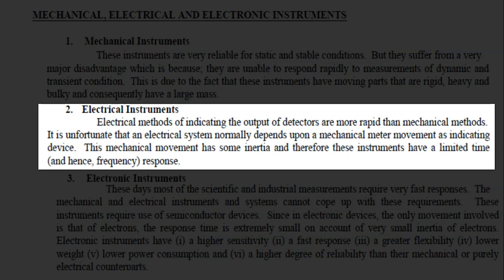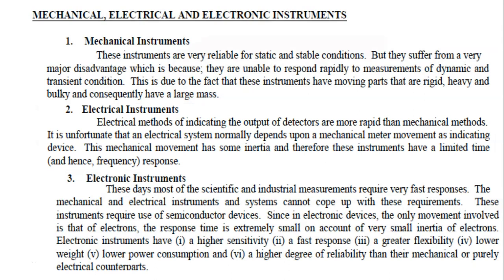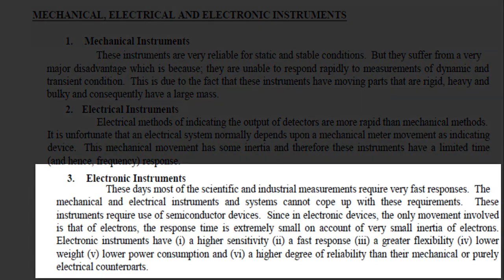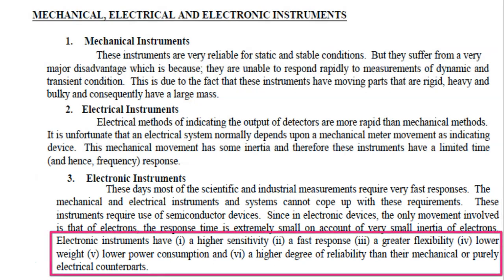If you use a semiconductor device, it comes under electronic instruments. The advantages of electronic instruments are higher sensitivity, fast response, greater flexibility, lower weight, lower power consumption, and a higher degree of reliability than their mechanical or purely electrical counterparts.